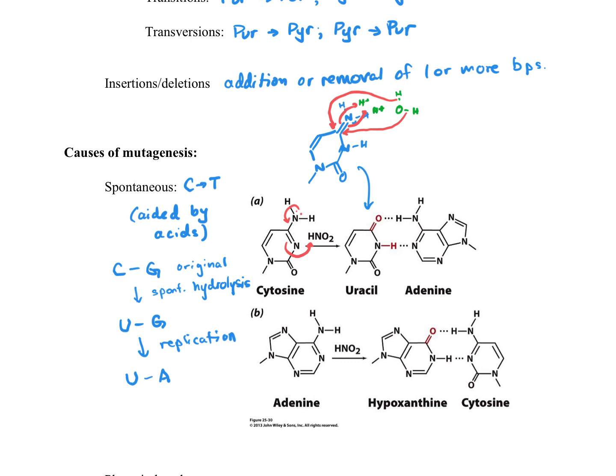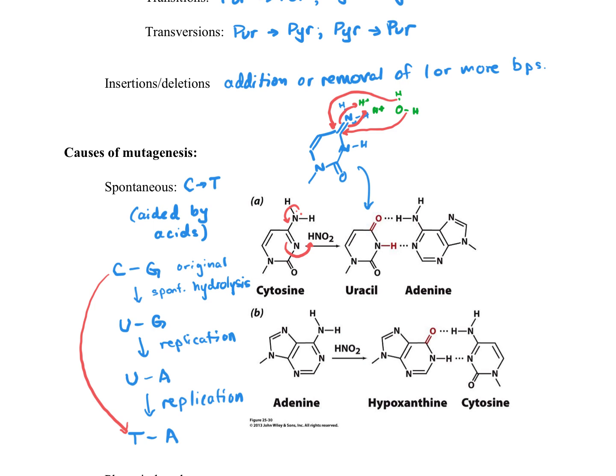And then we do another round of replication, and that A will become paired with a T, because normal replication would put a T next to an A. And so what you can see is after the spontaneous hydrolysis and 2 rounds of replication, the CG base pair has become a TA base pair, and we have a net transition.